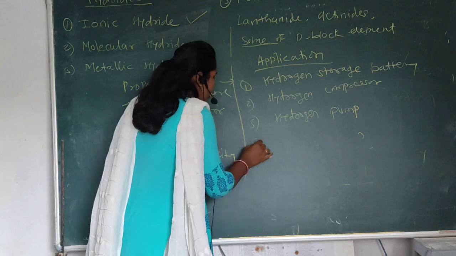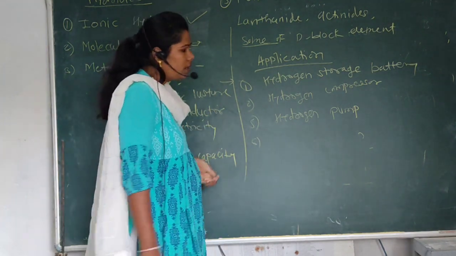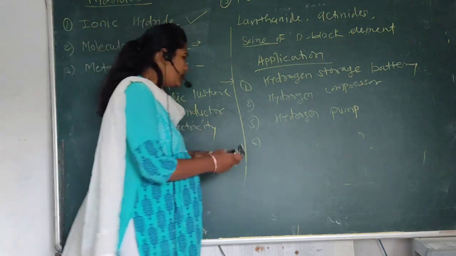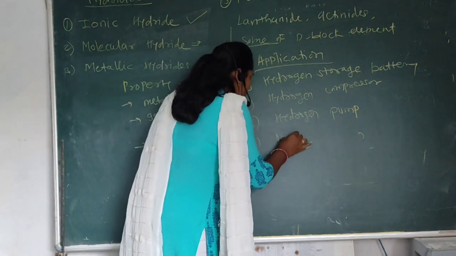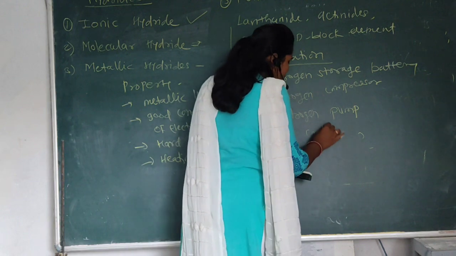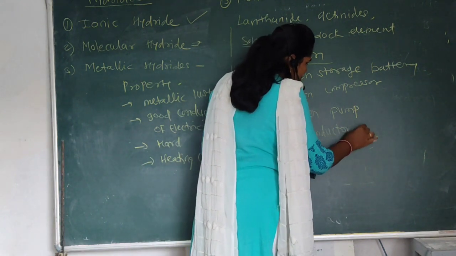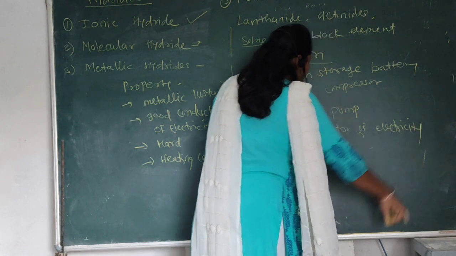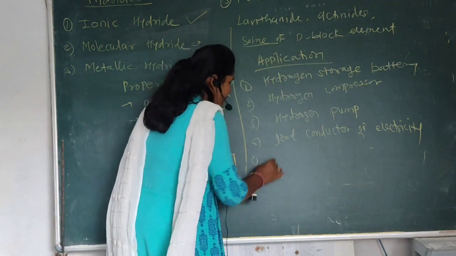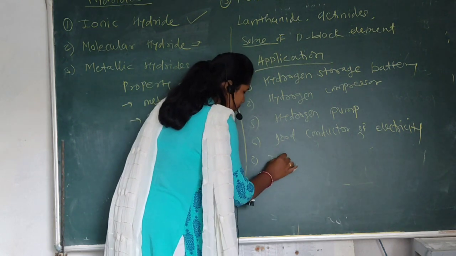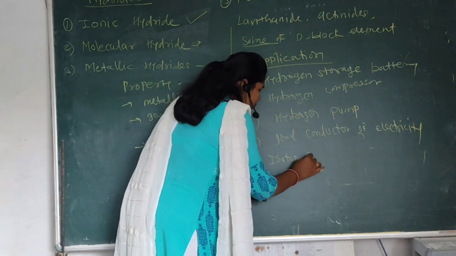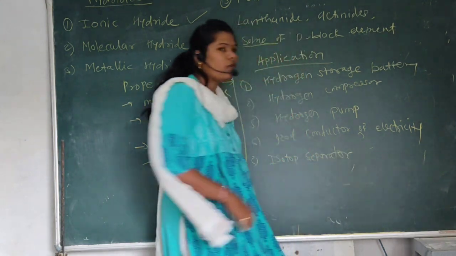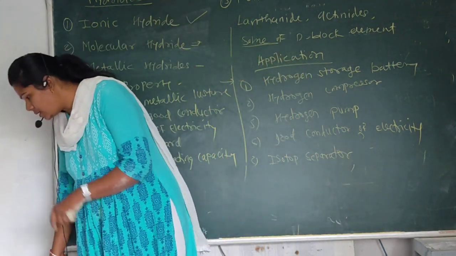These are good conductors of electricity, and that's why this can be used for electricity. This is used as an isotope separator.